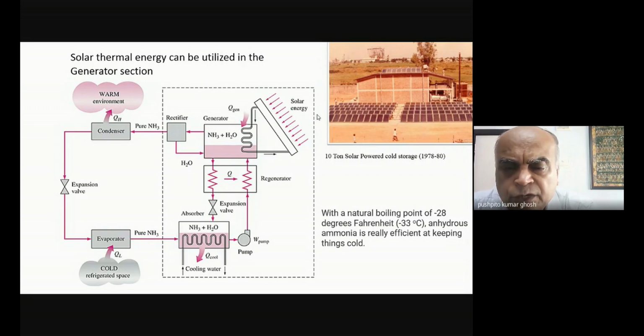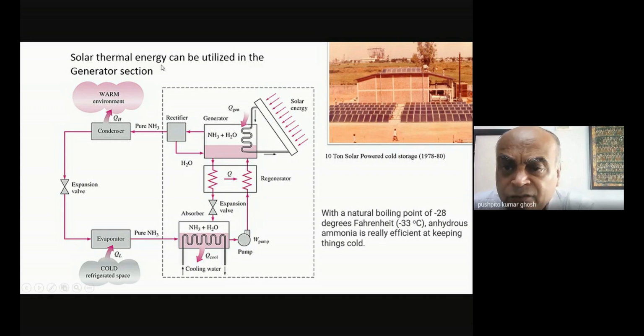So you'll see that so many of our things today are put in cold storage. And so you could actually run cold storages with a refrigeration unit, which is basically based on solar energy.